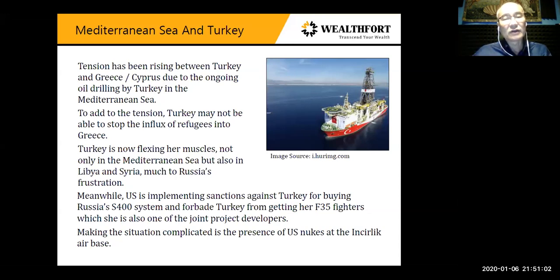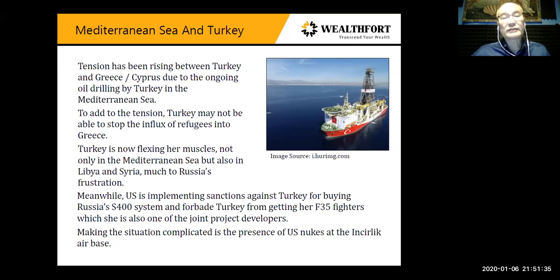At first, Russia and Turkey seem to have an agreement, but then Turkey infringed into Syria, where Russia was invited as a protectorate, the protector of Syria. Despite Turkey shooting down a MiG fighter a few years back, Russia has not imposed very hard sanctions against Turkey.